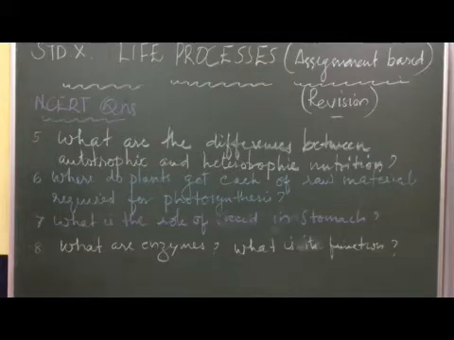In addition, there are some substances like minerals that they absorb from the soil through the root system. Now the second question: where do plants get each of the raw materials from? That is all. Now the first question: what are the differences between autotrophic and heterotrophic nutrition?